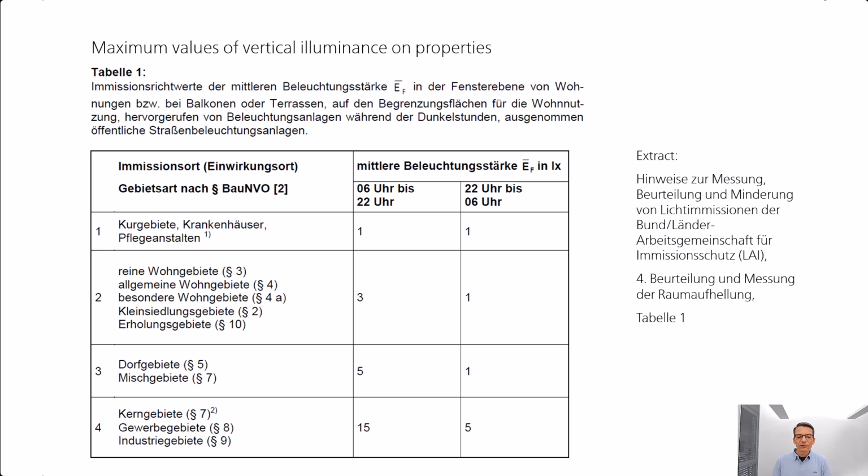In this guideline, we don't have environmental zones, but different kinds of so-called construction areas in which the building is located. Here, the curfew regulations are from 6 a.m. to 10 p.m. and from 10 p.m. to 6 a.m. So, let's have a look at DIALux evo 13, where we will find the possibility to check the vertical illuminance.